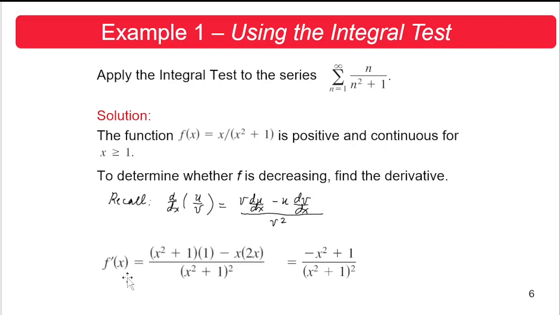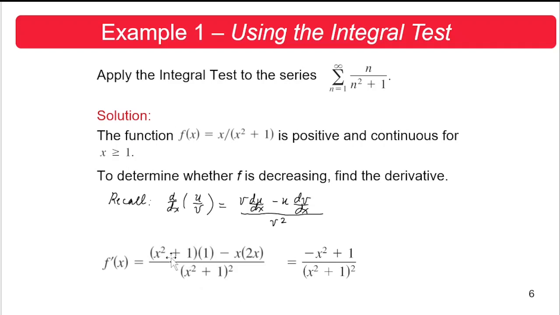Applying this formula, the derivative of f of x is the denominator, x squared plus 1, times the derivative of the numerator, which is 1, minus the numerator, x, times the derivative of the denominator, which is 2x, all over the square of the denominator, so (x squared plus 1) quantity raised to the second power.